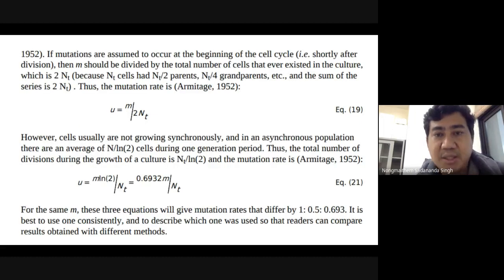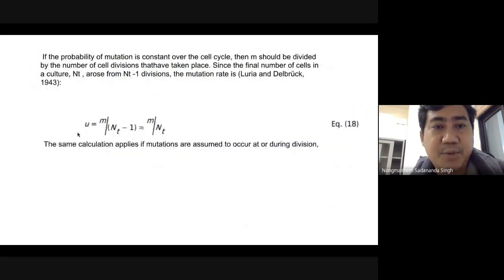This mutation frequency calculation is applicable when you assume that the mutation happens during replication or during cell division. So this simplified form, mutation frequency equal to mutation number divided by total number of cells, is applicable when you assume that mutation happens during cell division.